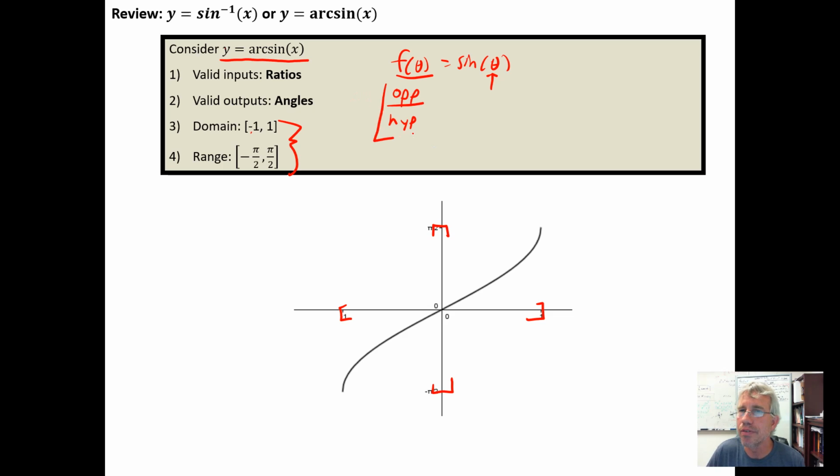It's okay to think of it this way, though we have to be a little bit careful how we think about it if we're thinking in terms of opposite over hypotenuse.